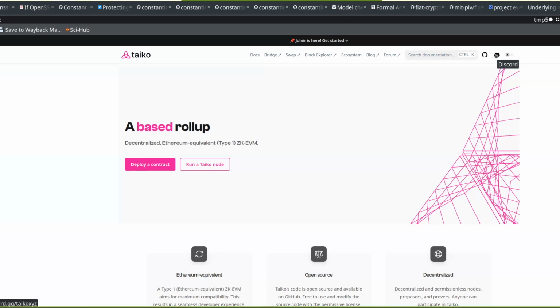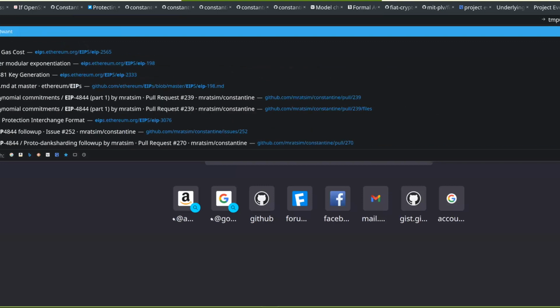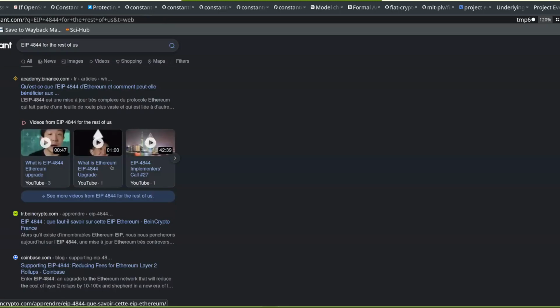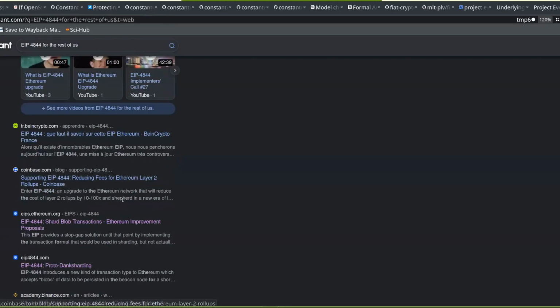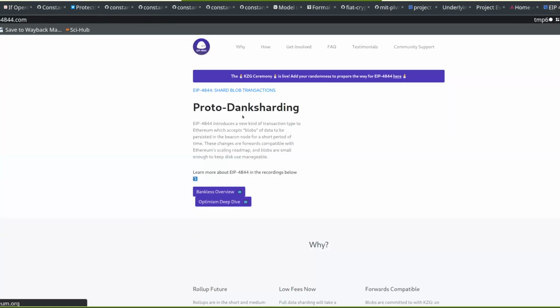Then there is a question about EIP 4844. It's just, how does it work? Let's see. I think there were some documents. Yes, there is a website called eip4844.com with some links.